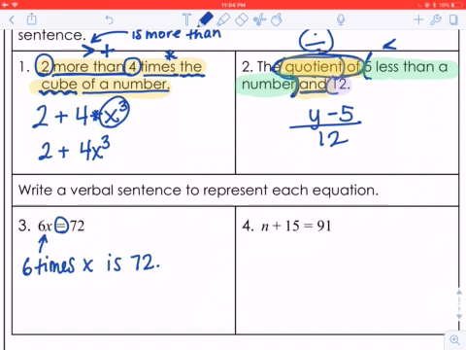Another way you might write it, something that means times, is the word the product. So I could say the product of 6 and x is 72. It's exactly the same. Either of those could work. Go ahead and try number 4 on your own. See if you can write it in 2 different ways.